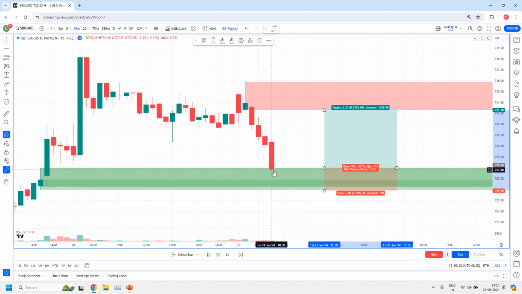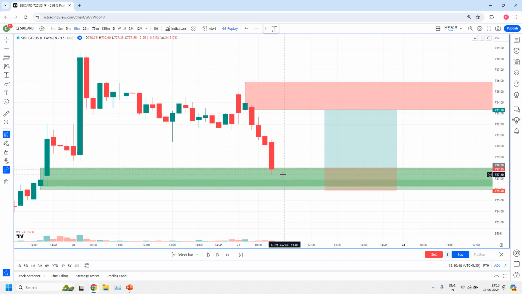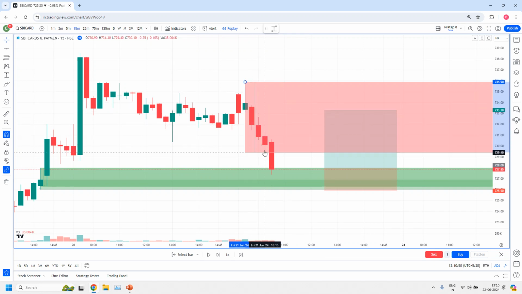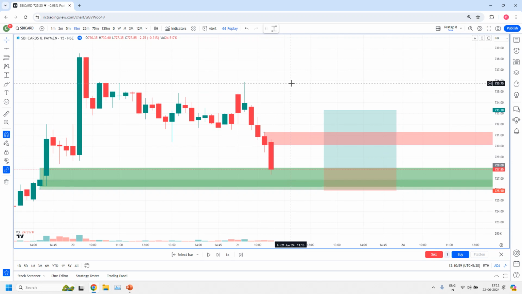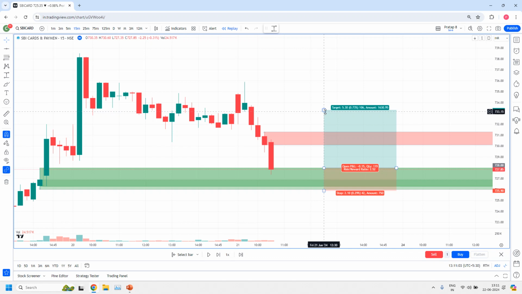After taking the trade, now it confirmed a new zone. This is what some people will argue. But I have already taken a trade.